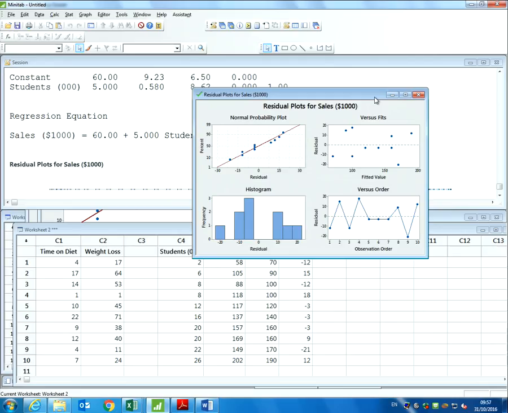But what is the assumption of regression? What do we need to check? We need to check the residuals. What are residuals? You need to think back to the original scatter plot. Imagine a line of best fit going through the points.